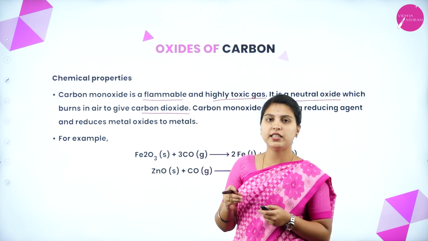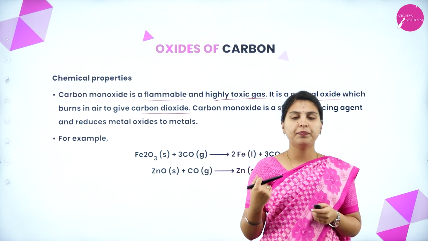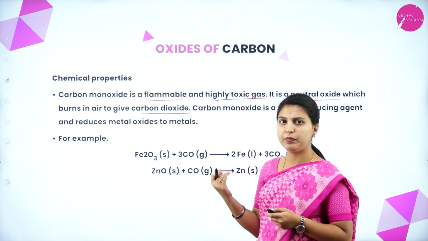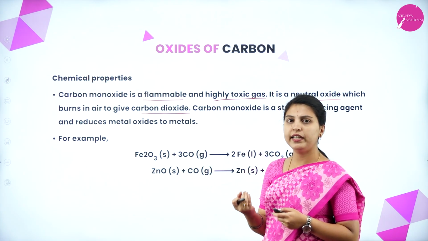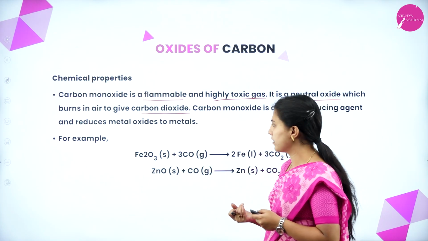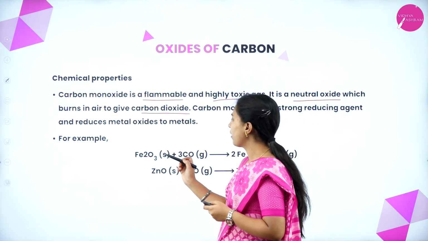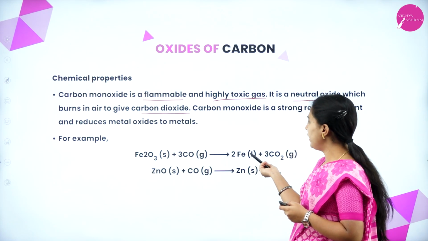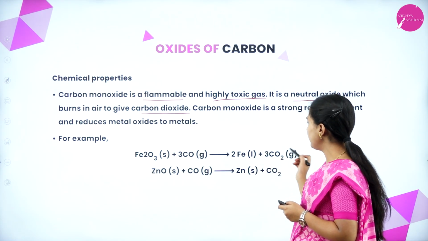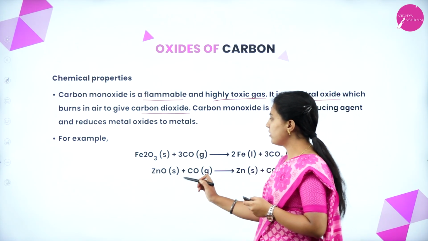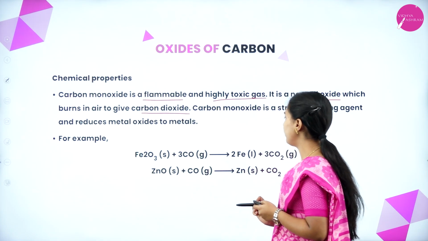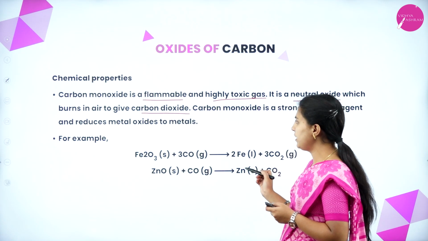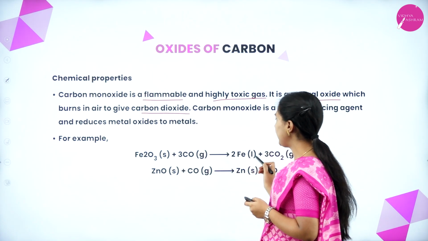Carbon monoxide means the fumes coming from vehicles, that will be considered as carbon monoxide, and it is a highly flammable and toxic gas. For example, ferric oxide treated with carbon monoxide gives iron plus carbon dioxide. Zinc oxide treated with carbon monoxide will form zinc and carbon dioxide, means metal oxides are being converted to metal.